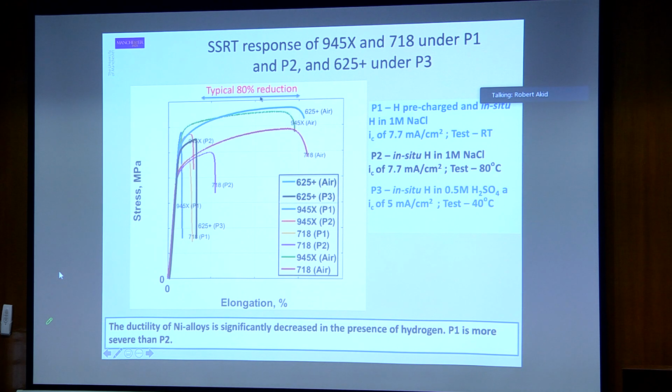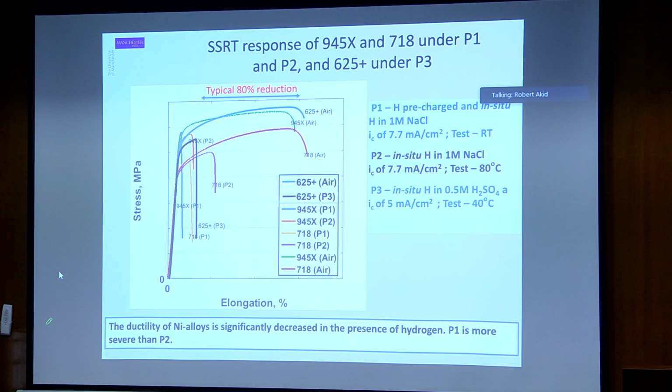And the effect of that is that in terms of stress and elongation, we see that we have a significant difference between the ductility in air and in the hydrogen environment. And those environments that we change to look at the effect vary from a hydrogen pre-charged and in situ hydrogen charging in 1 molar sodium chloride with a charging current density of 7.7 milliamps at room temperature.